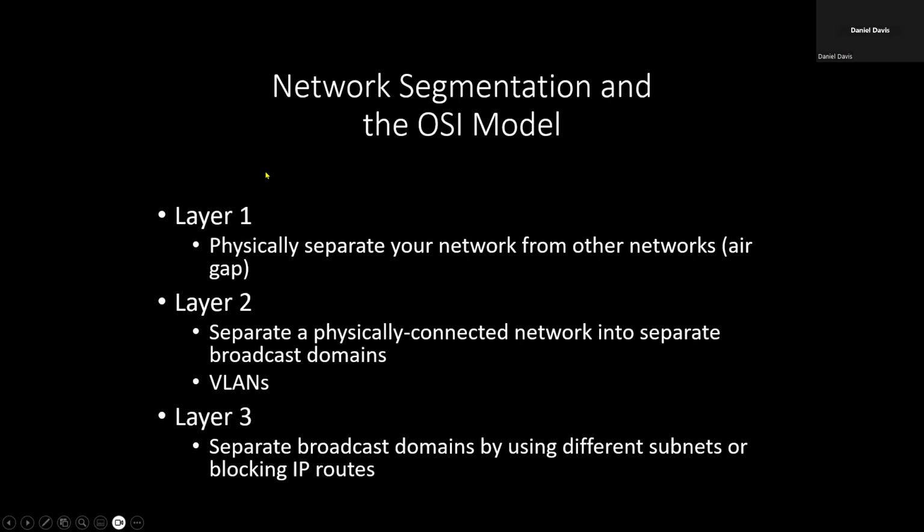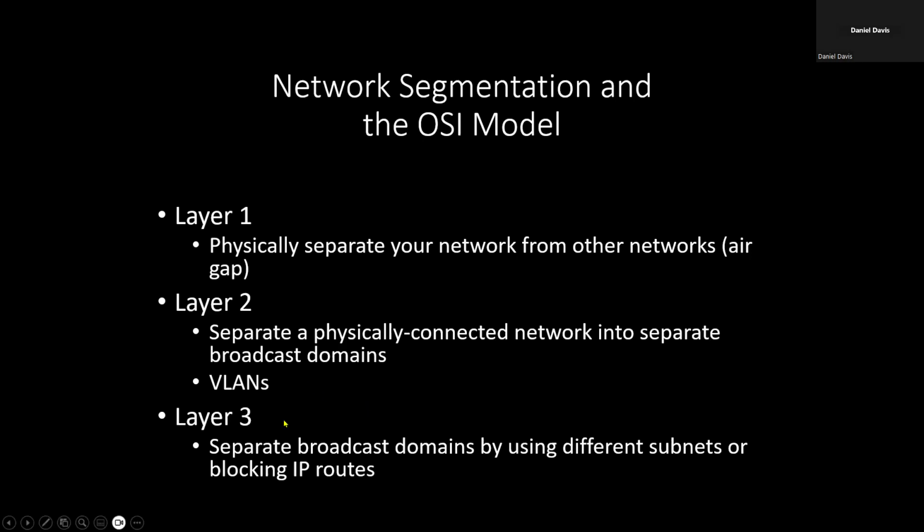Network segmentation in the OSI model. This is just going to help us picture some of the different ways we can segment a network, using the OSI model to visualize what some of those options might be. At layer 1, we can physically separate the network from other networks, some kind of what they call an air gap. At layer 2, we can separate the physically connected network into a separate broadcast domain.